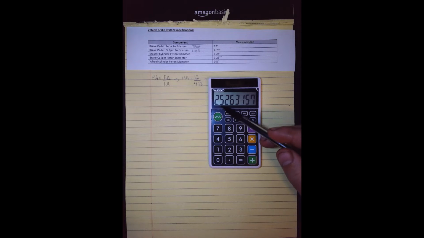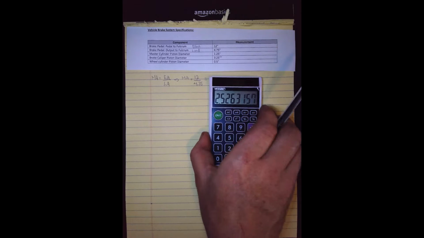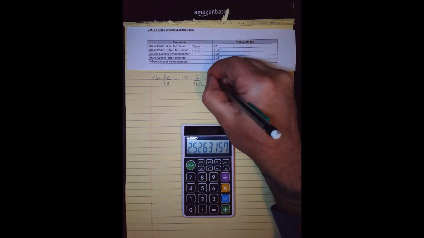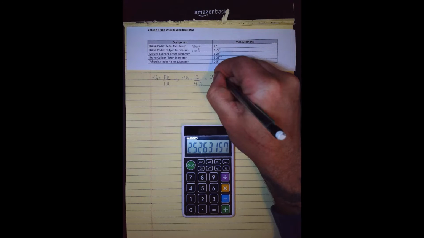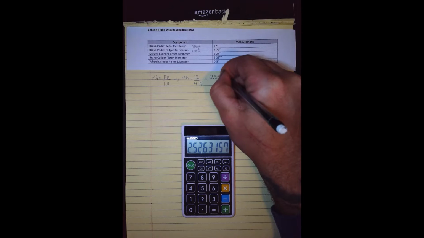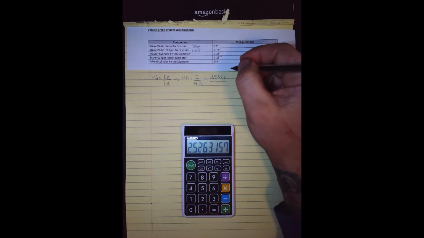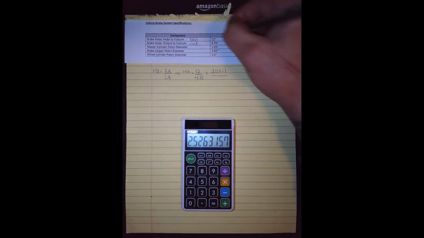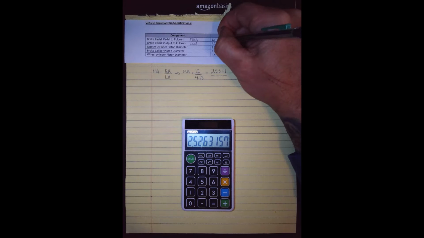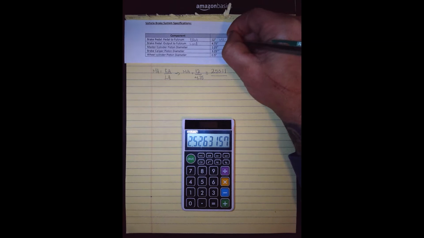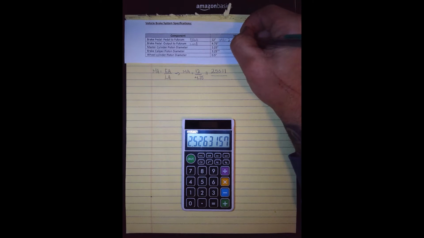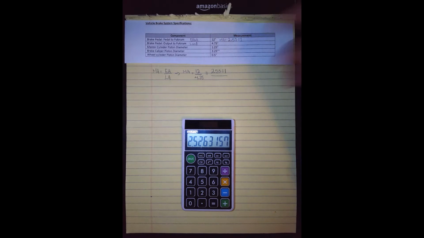So I'm going to call this 2.53 to 1. Then I'm just going to fill that in on our chart here. So mechanical advantage equals 2.53 to 1. Then I've got that as a reference for when I'm doing my actual math.